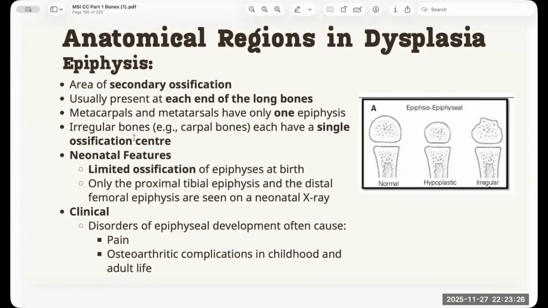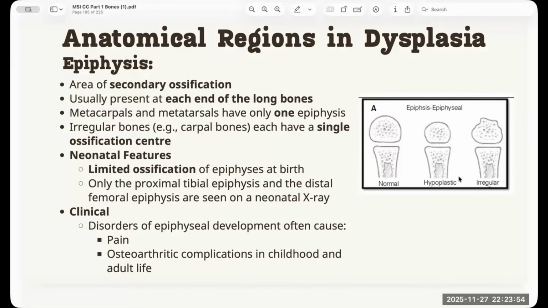However, the irregular bones, such as carpal bones, each have a single ossification center. The neonatal features have limited ossification of epiphysis at birth. Only the proximal tibial epiphysis and distal femoral epiphysis are seen on neonatal X-ray. Okay? Clinically, the disorders of epiphyseal development often cause pain and osteoarthritic complications in childhood life.